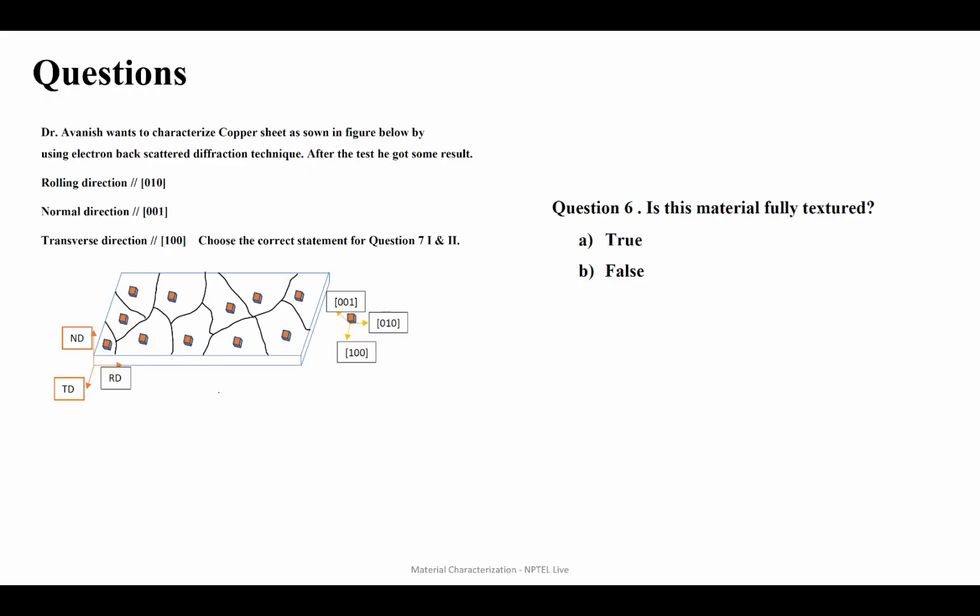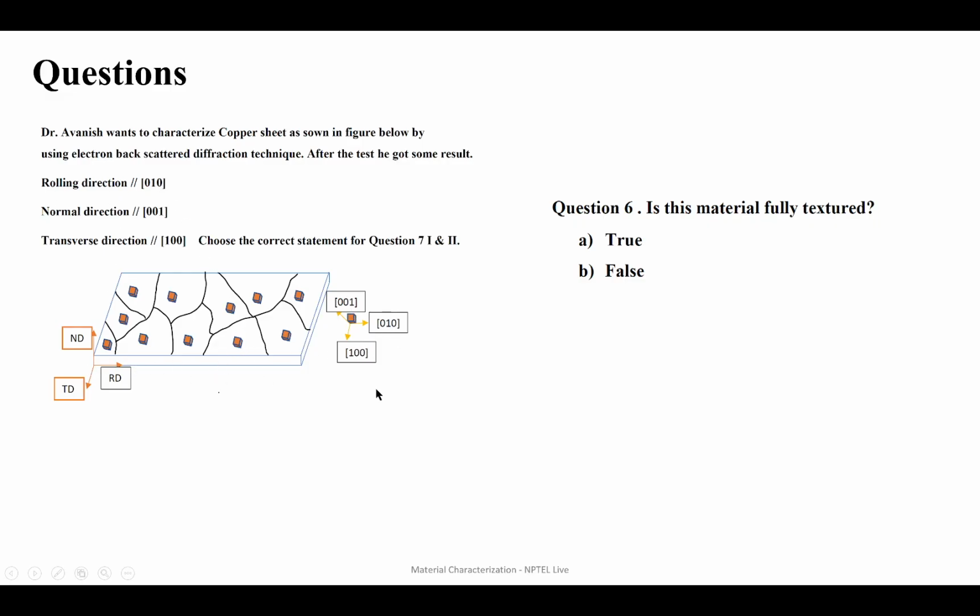Dr. Avnish wants to characterize a copper sheet, as shown in the figure below, by using the electron backscatter diffraction technique. After the test, he got some results. You are given the three directions: 001, 010, 100.